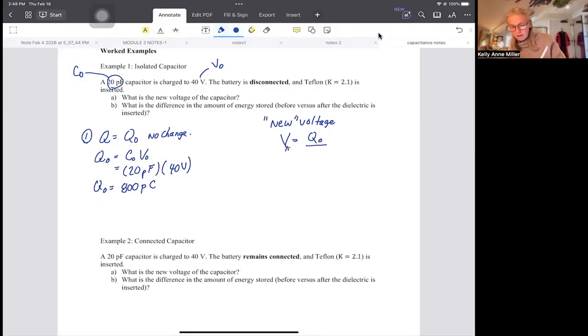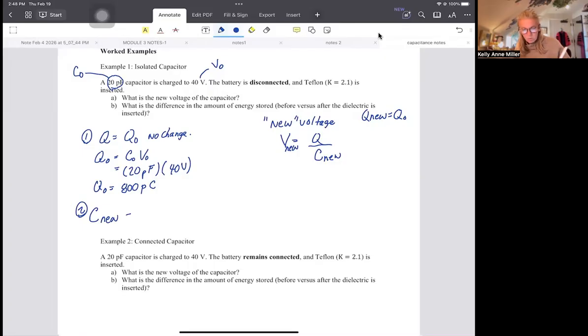Q new is the same as Q naught, because there's no change in the Q. So it's probably better to just write Q there, because it doesn't even change. Okay, and then this is going to be the new capacitance, right? So the new voltage is going to be the Q that doesn't change divided by the new capacitance. How do I find the new capacitance? Let's call this step 2.